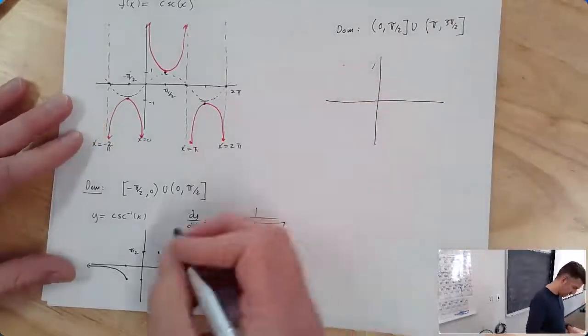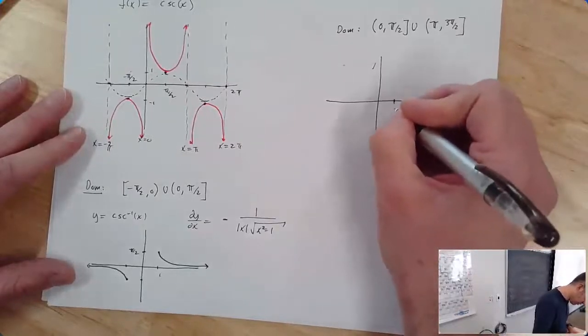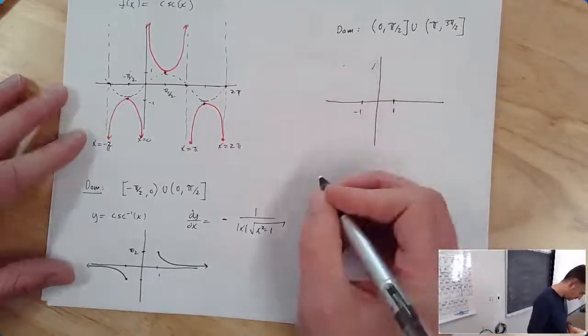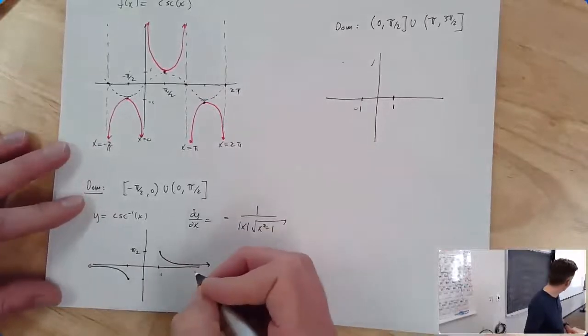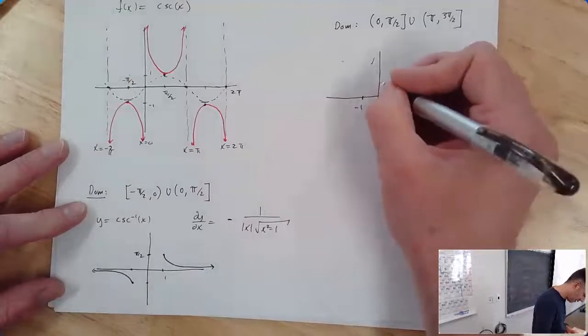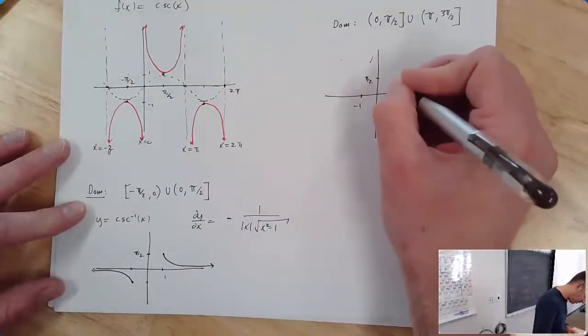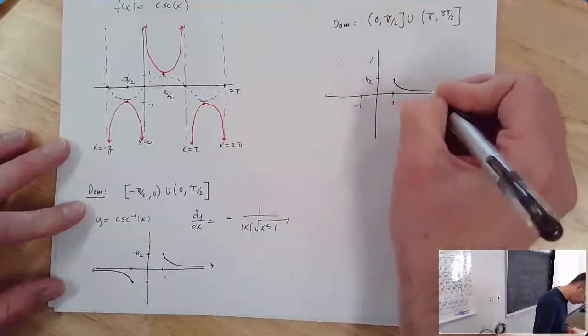I still have this, oh, that's not my best coordinate axis system ever. So it's still gonna have this same section over here, because I'm still getting this same first section. So I'm gonna have the point 1 comma pi over 2. It's gonna go down, down, down like this to the right.